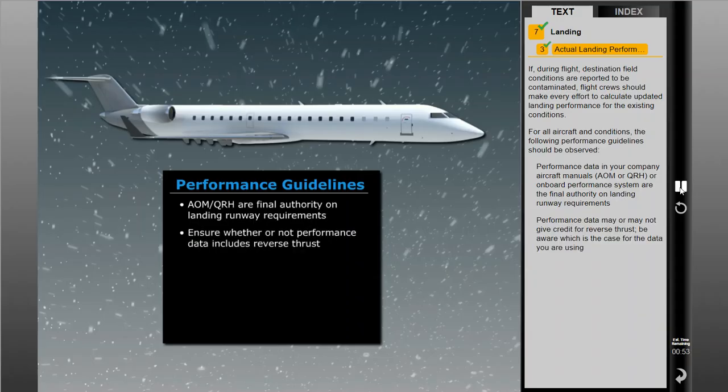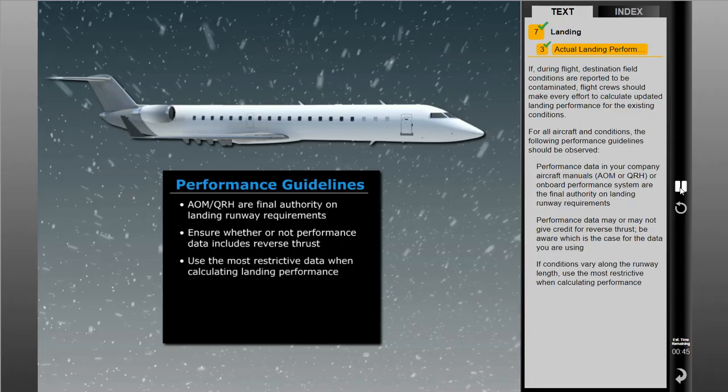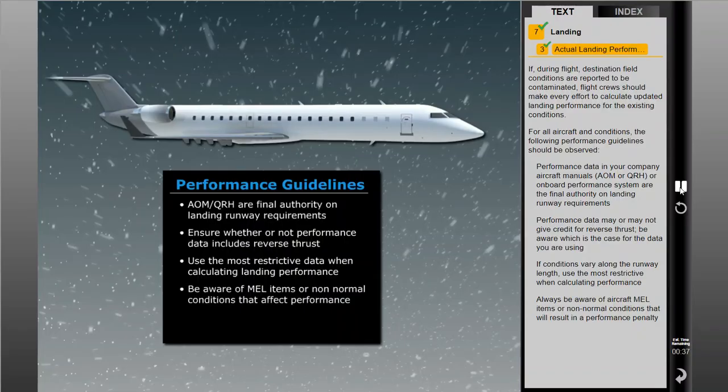Performance data may or may not give credit for reverse thrust. Be aware which is the case for the data you are using. If conditions vary along the runway length, use the most restrictive when calculating performance. And always be aware of aircraft MEL items or non-normal conditions that will result in a performance penalty.